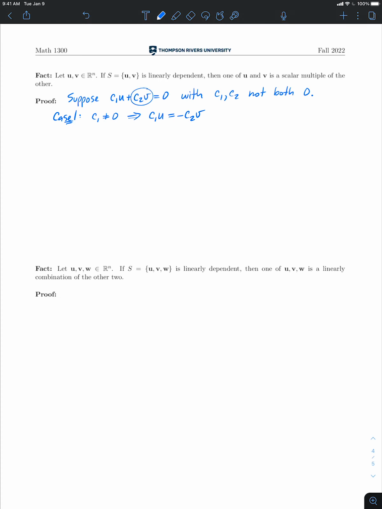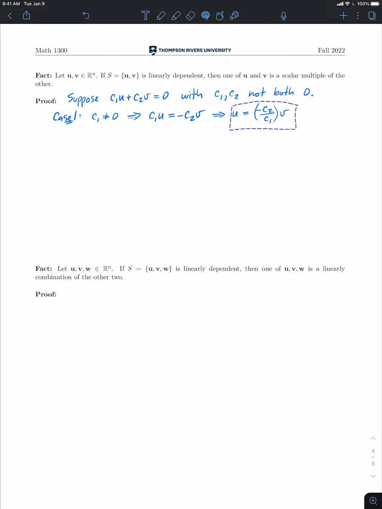Just take this term over to the other side of the equation. Now I can multiply both sides of the equation by 1 over c1 to get u is equal to negative c2 over c1, all multiplied by v. It's safe to do that because we've assumed we're in the case where c1 is not equal to 0.